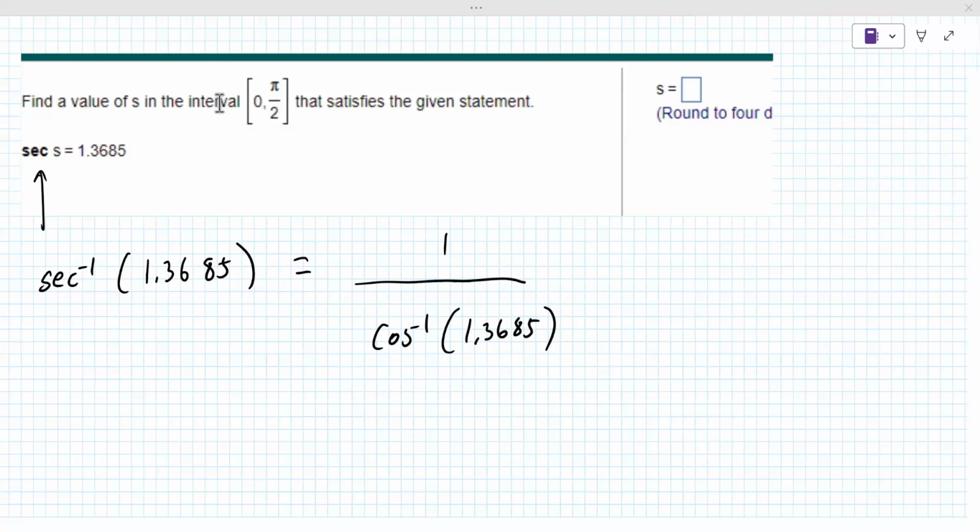Let me do this differently because I don't know why the calculator is not working here. Okay. y equals secant of x. So the next thing I do is graph it, and then we're looking for where y equals 1.3685, going from 0 to pi over 2.